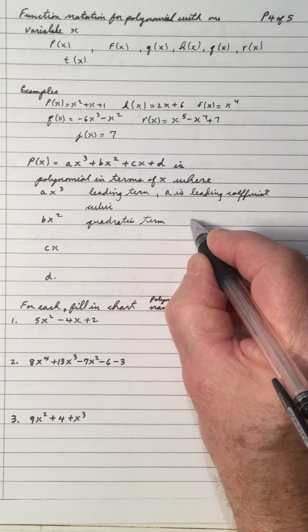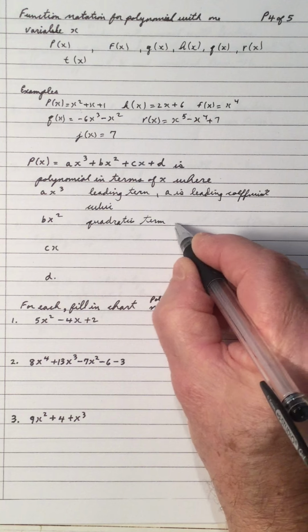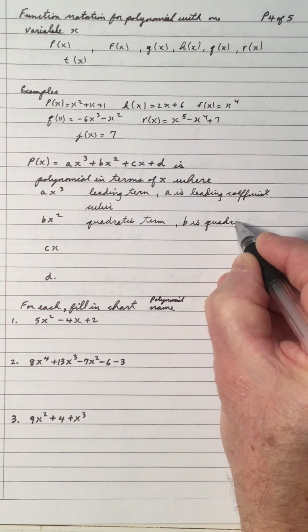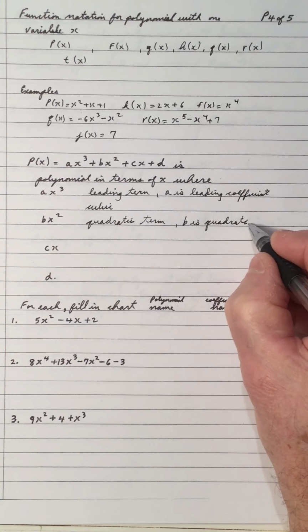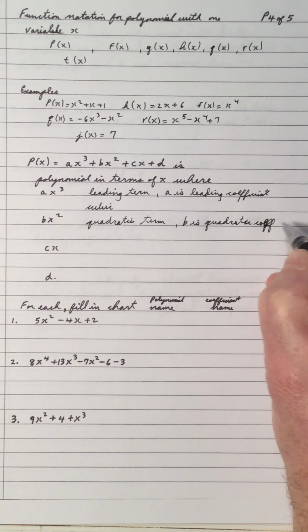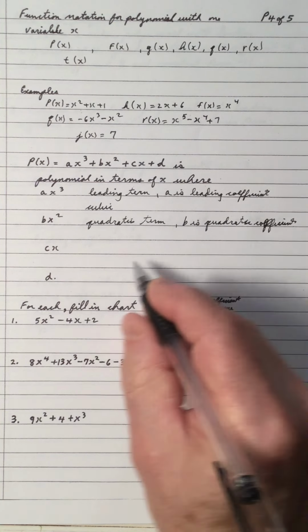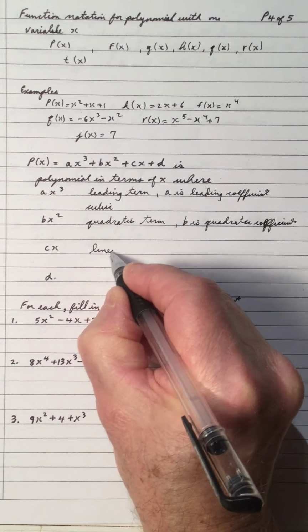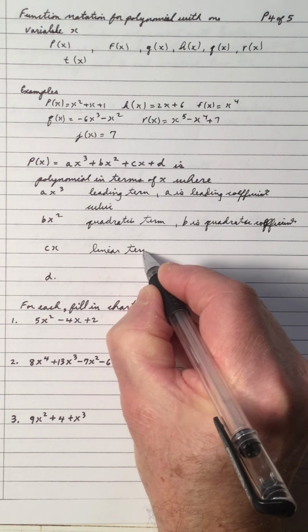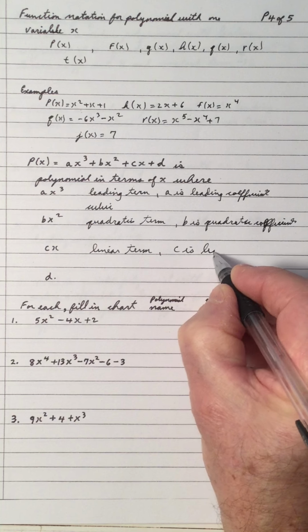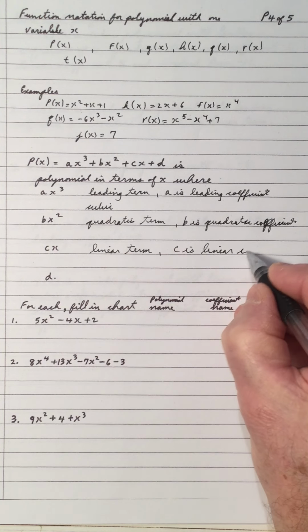And that means that b is the quadratic coefficient. I'll write down COEFF, we'll write it all out. And cx is the linear term, and hence c is the linear coefficient.